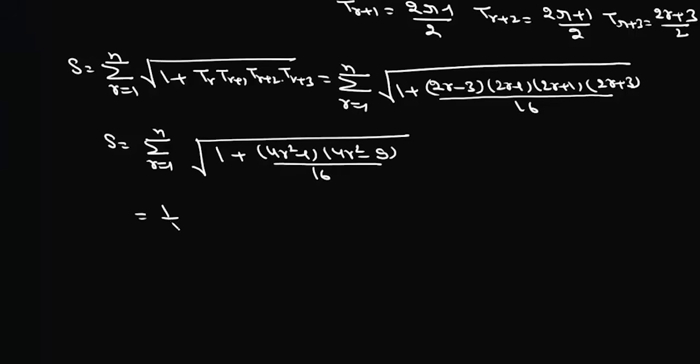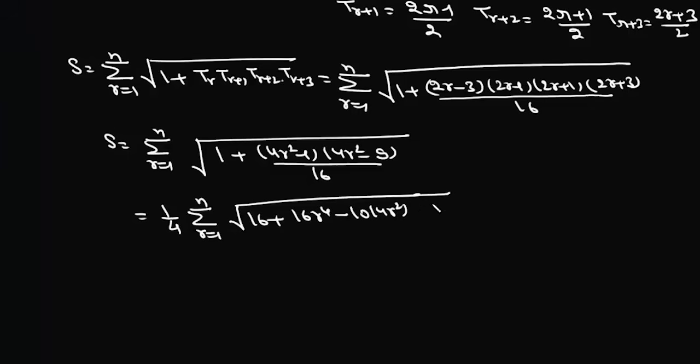Now we take 1 by 4 common, and it will be summation r varies from 1 to n of 16 plus 16r to the power 4 minus 10 into 4r square plus 9.